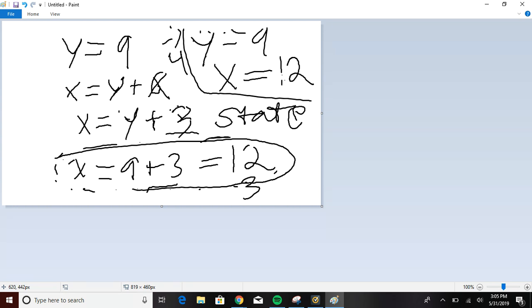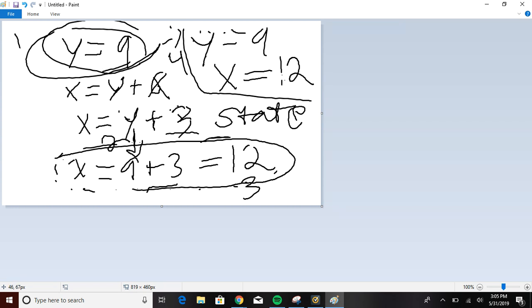This right here, where we made the y into a 9, that was step 2. And step 1 was isolating and finding the way to isolate that variable. So these are the steps, and I'm sorry that wasn't very clear and that my pen was being very naughty and messy. But there you go.